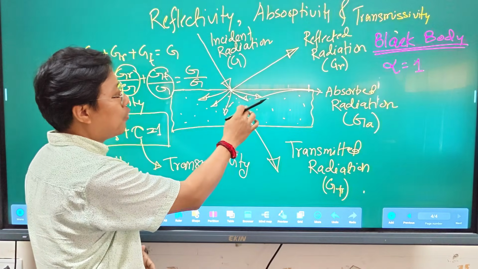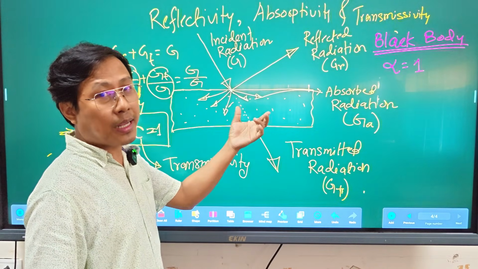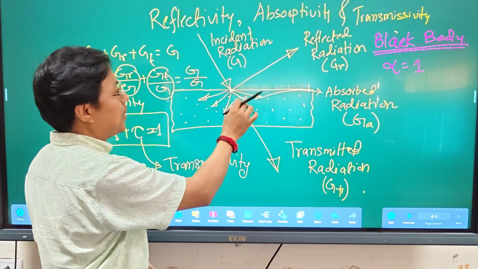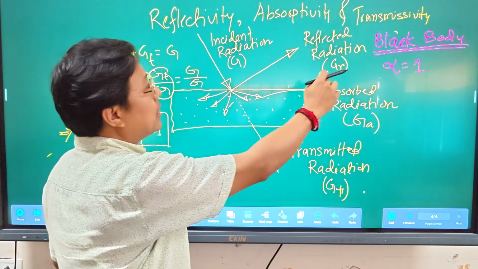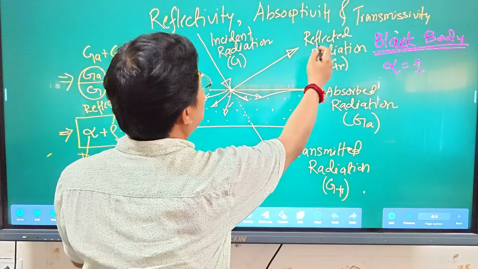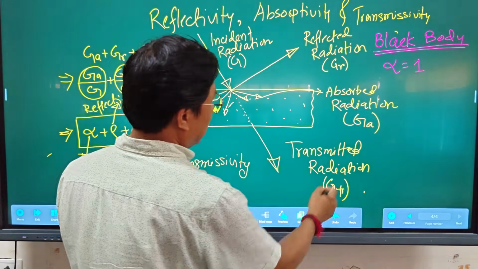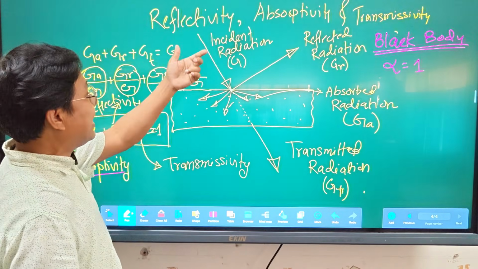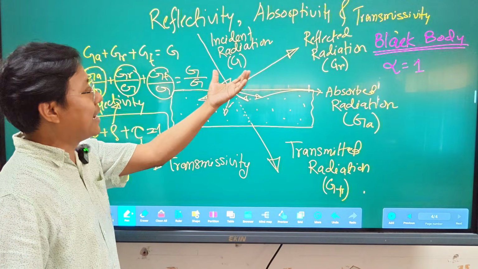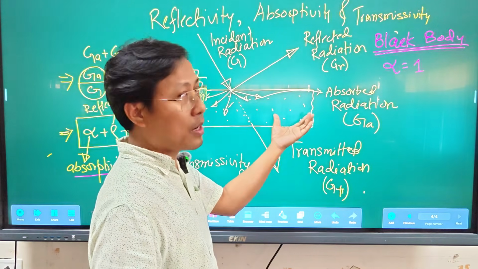If we have a black body, then it will absorb all the incident radiation. A black body is defined when alpha equals 1, and the reflected and transmitted radiation are 0. Whatever incident radiation falls on this surface, all of it is absorbed by the body.